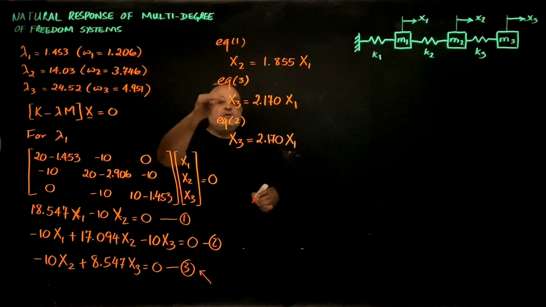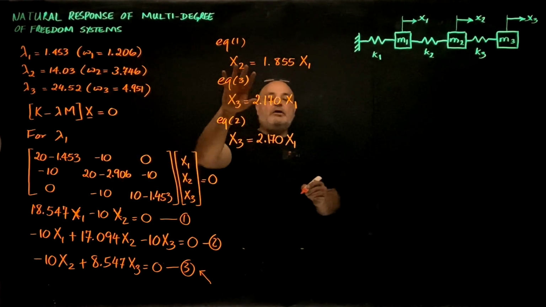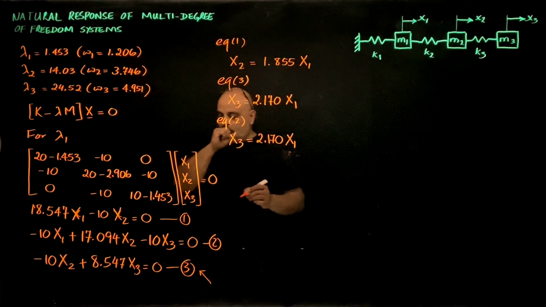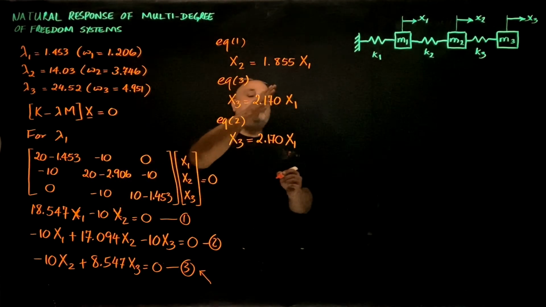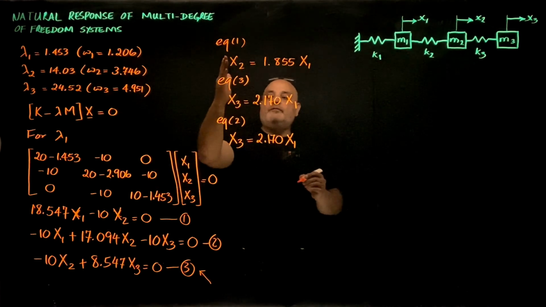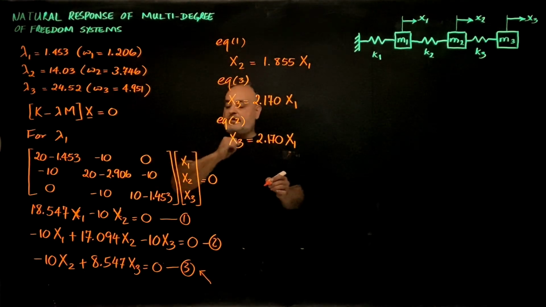So all solutions will be related to x1, and that's an infinite number of solutions. For each value of x1, I will have certain x2 and x3.